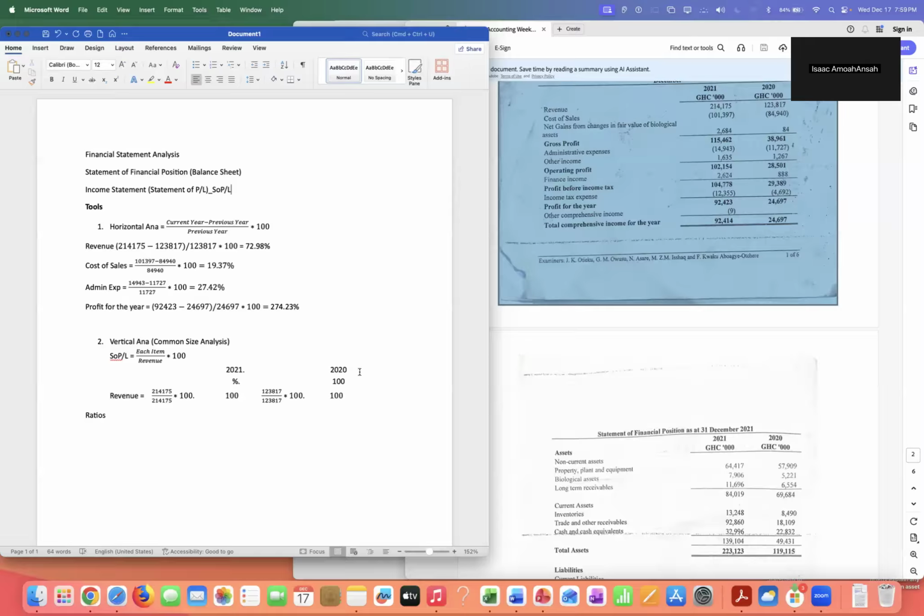All right. What did I write here? I want to write percentage. You see? Okay. Let's continue. At this point, we want to pick up on cost of sales. So cost of sales for 2021 is equal to what?